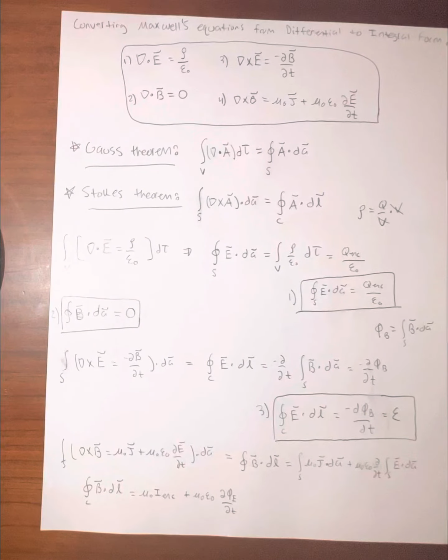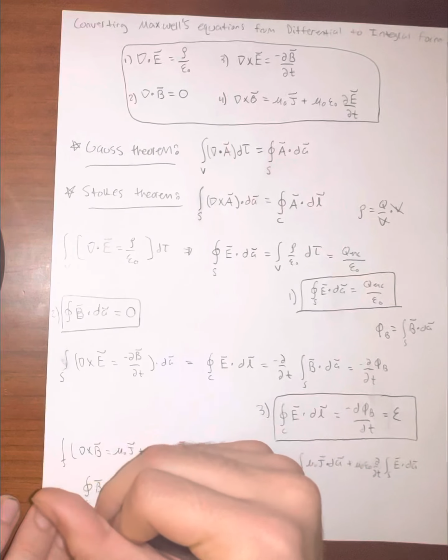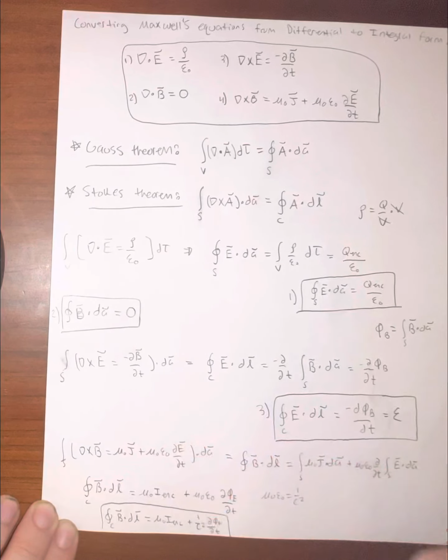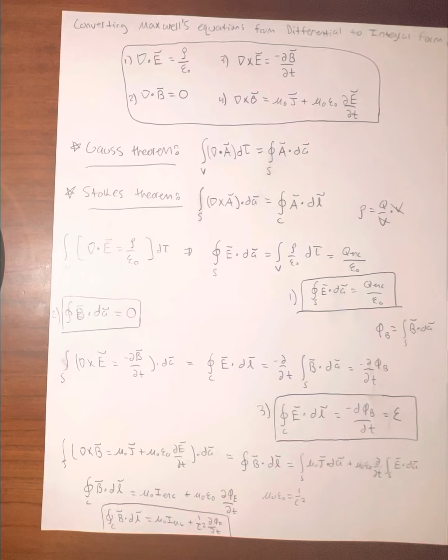So the Ampere-Maxwell law in integral form becomes one over c squared d phi/dt. So those are Maxwell's equations in integral form from differential form using Gauss and Stokes' theorem.